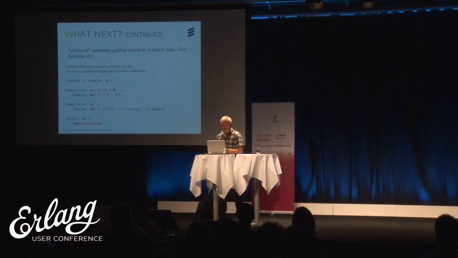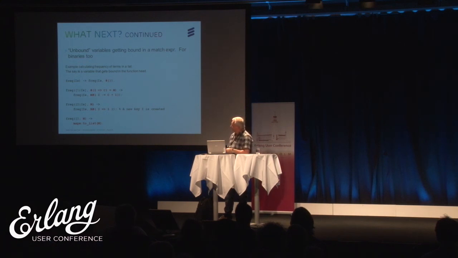And also what we have in the pipe here is extending the matching so that you can match an unbound variable which gets bound in the matched expression. And this is similar to what you need for binaries as well.